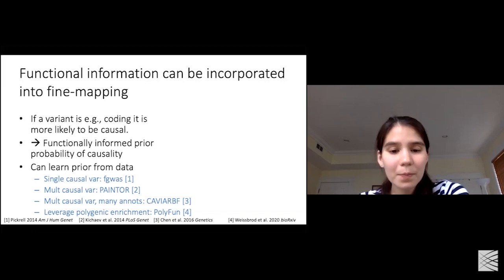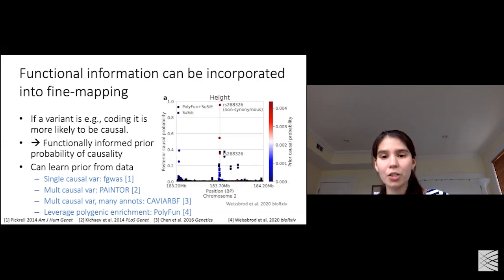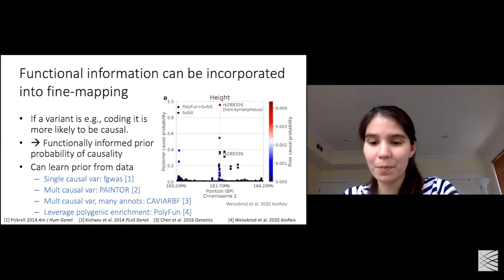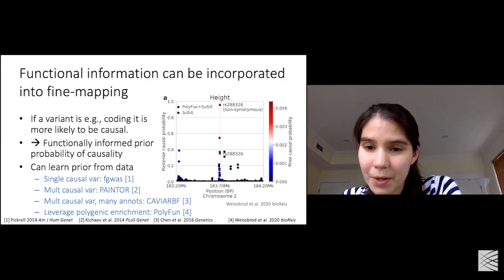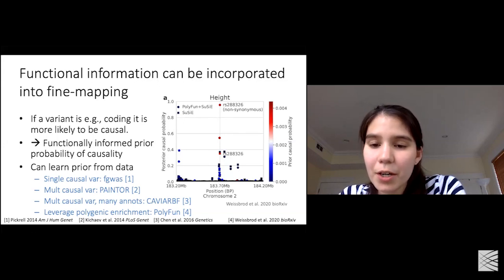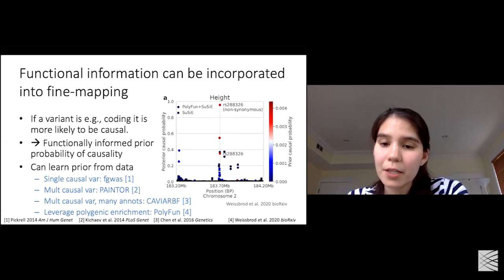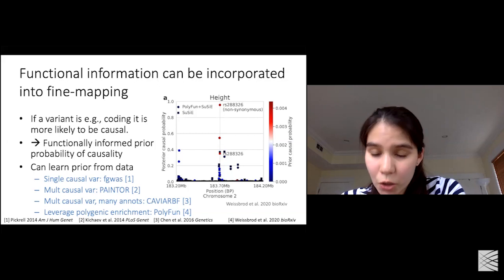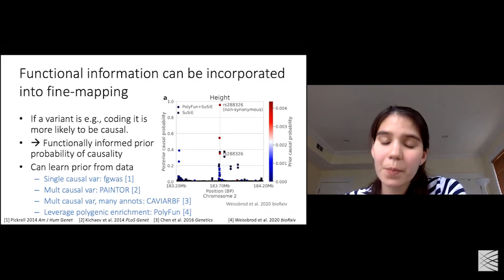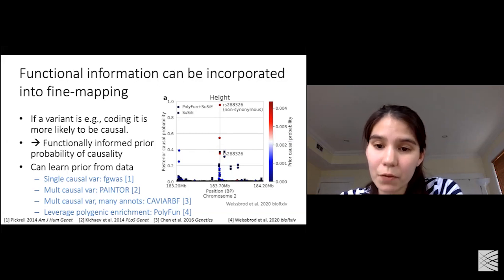To give an example of how this works, I've pulled a figure from the PolyFun paper. If you first focus only on the squares, they reflect the PIPs that are not functionally informed.